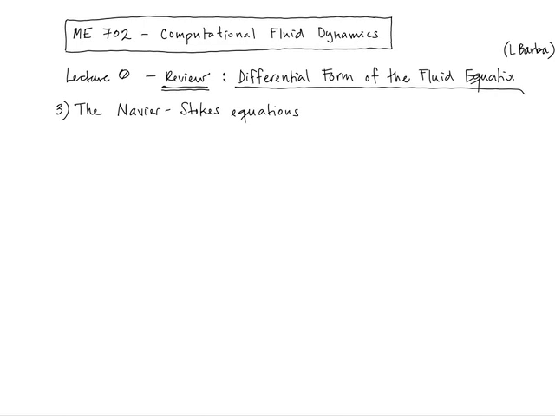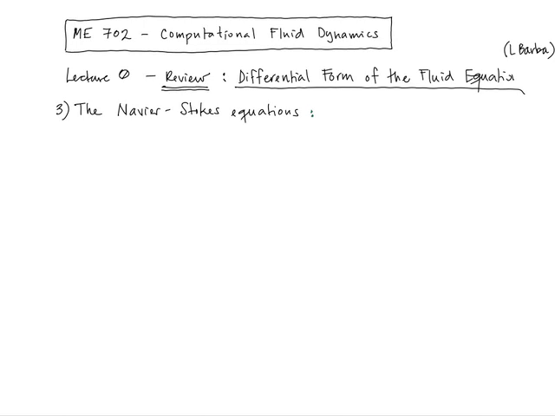So from this point on, in this third part of the review, we're going to derive the Navier-Stokes equations, which assumes that the fluids are Newtonian. The Newtonian fluids are those in which the stresses are linearly proportional to the strain rates, to the velocity derivatives.